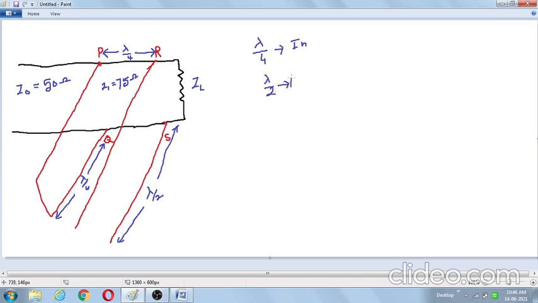That means for a lambda by 2 length transmission line, input impedance is equal to output impedance. In a lambda by 4 transmission line, if input impedance is 0, output impedance is infinite. So a lambda by 4 line acts as an inverter, and a lambda by 2 transmission line acts as a mirror.